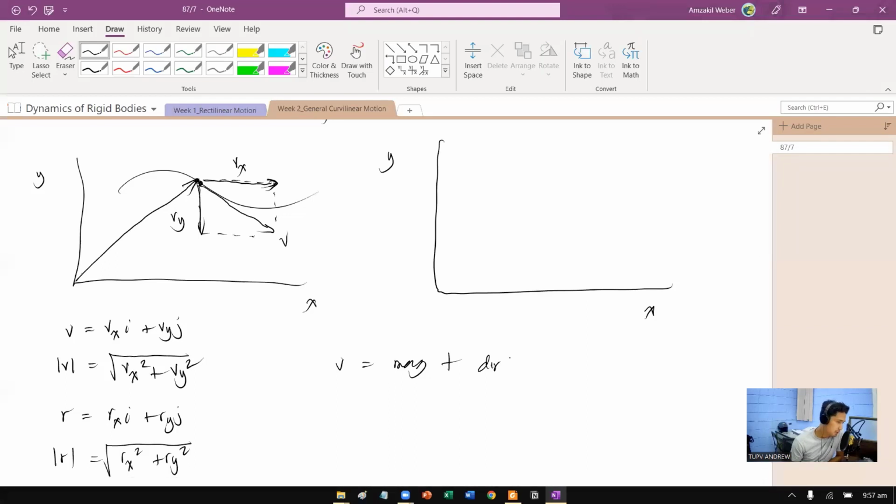And acceleration is the rate of change of velocity. Meaning, velocity is composed of magnitude and direction, while acceleration is defined as the rate of change of velocity.